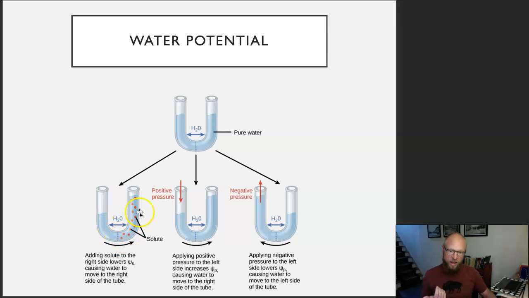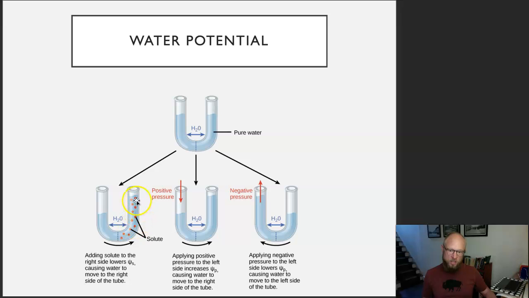And so what you see happening here is, if we look at this bottom left one, we added solutes to the right side of this U-shaped tube, that reduced the potential energy of water. Now, in physics, we know in chemistry, things move from places of high concentration to low concentration, or places of high energy to low energy.